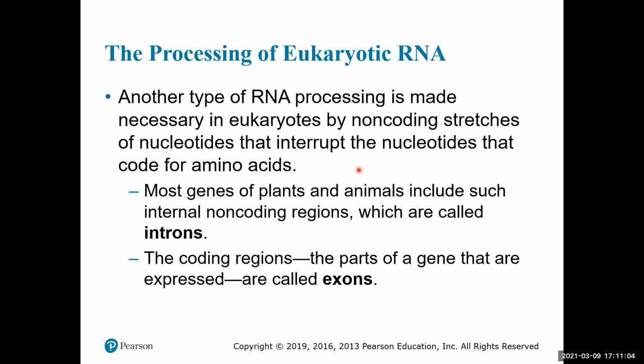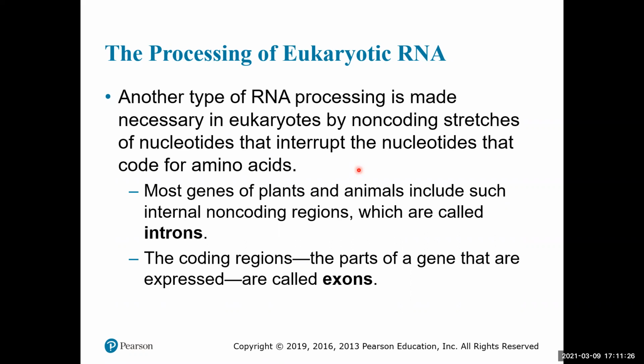So basically, within our DNA strands, even within a gene, you have some portions of that gene that don't really code for anything, okay? And it doesn't have really any information. Those non-coding regions are called introns.